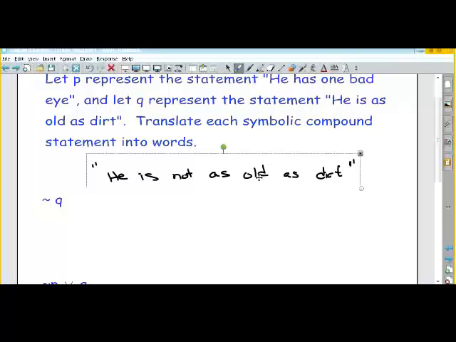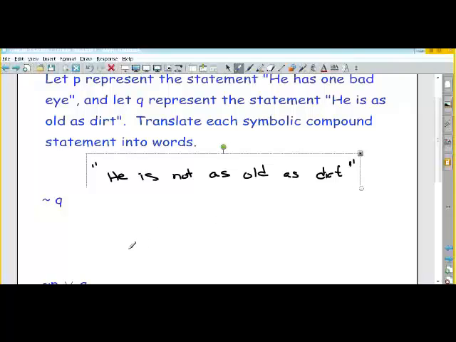So either one of those, I guess, or he does not have, because if you said he does not have one bad eye, two bad eyes would be, that wouldn't, I mean, he's either saying he has no bad eyes or he has 2 bad eyes. So that's why you wouldn't want to use just he doesn't have 1 bad eye.